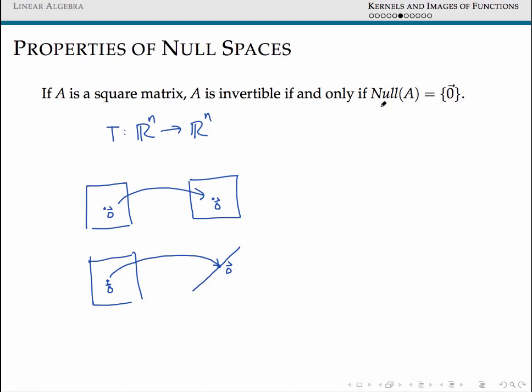So this is an additional property that allows us to identify invertibility: if the only vector satisfying AX equals 0 is x equals 0, then A inverse exists.